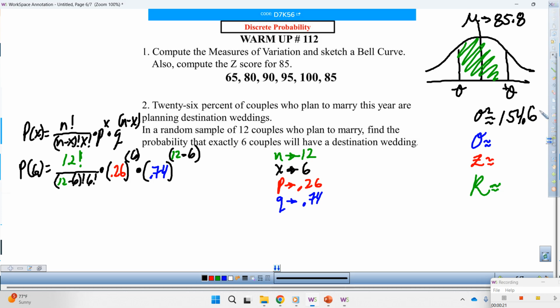Okay. Pass on for the standard deviation. $12.4. All right, so that leaves us at 98.2. And on the other end, we are at 73.4. That's the norm. We need a Z-score for number 85.